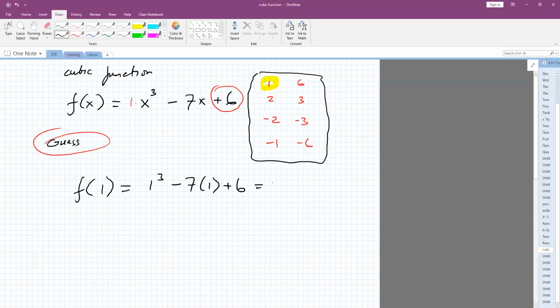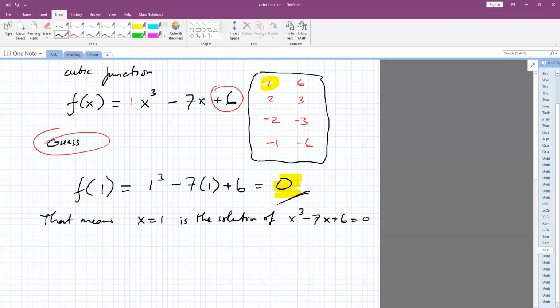This gives us 0, which is what we are looking for. When you get 0 like this, that means x = 1 is the solution of x cubed minus 7x plus 6 equal to 0.